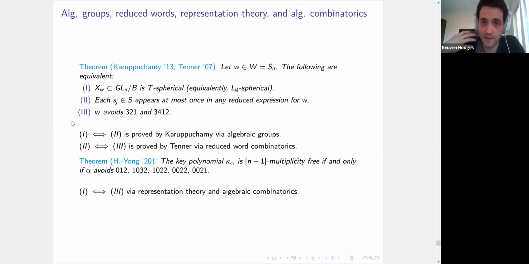If you're interested in reduced word combinatorics, or if you're interested in orbits, there is actually a way via representation theory and algebraic combinatorics to connect these and to think about these problems from a different perspective. For me at least, one of the most exciting things about this project has been thinking about how you can translate problems in these two different realms to one another. Okay, and so I think I'll finish with that.